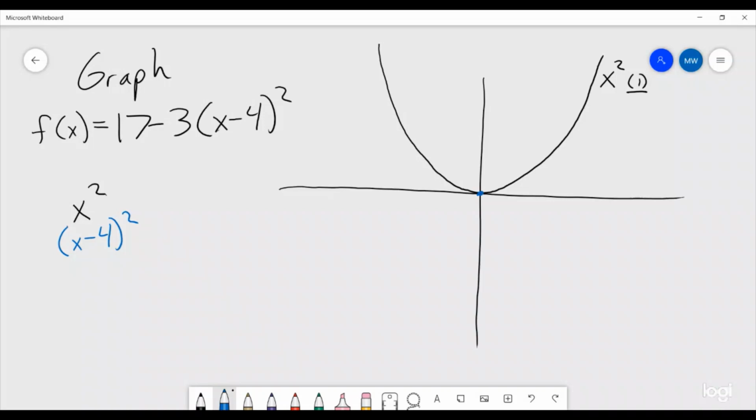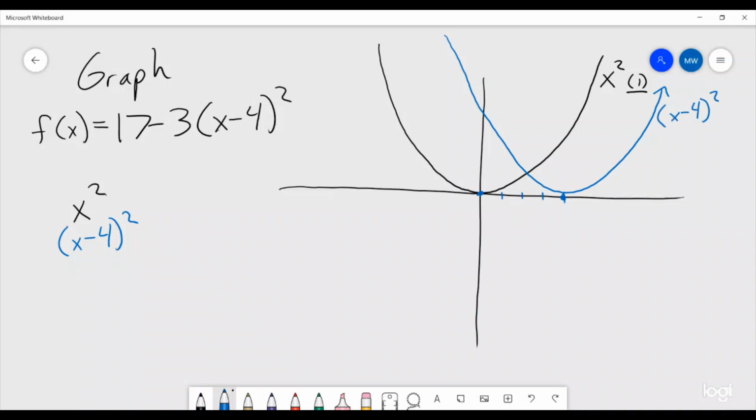Now if we put 4 into (x − 4)², that's also going to be 0. So we need to go over 4 blocks, 2, 3, 4, and now it's going to pass through this point. So that graph is something like that. It's kind of hard to sketch, but that one is our (x − 4)².